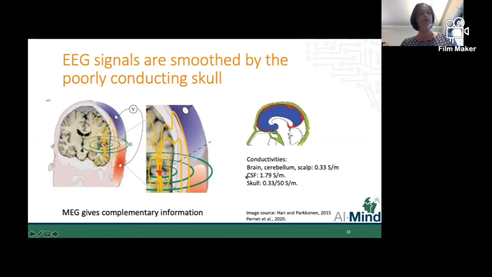When we make models of the conductivity in the head, we typically model the conductivity in the skull to be 50 times smaller than for soft tissue. And this then causes the lower spatial resolution of EEG compared to MEG, because the magnetic field passes through the skull. So MEG gives complementary information over EEG.